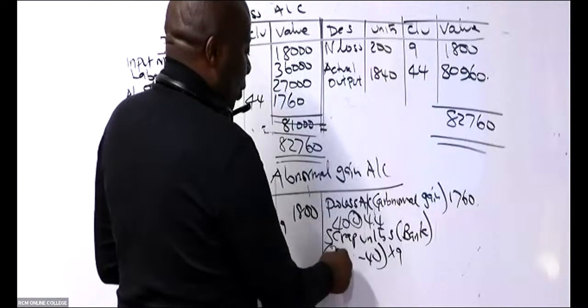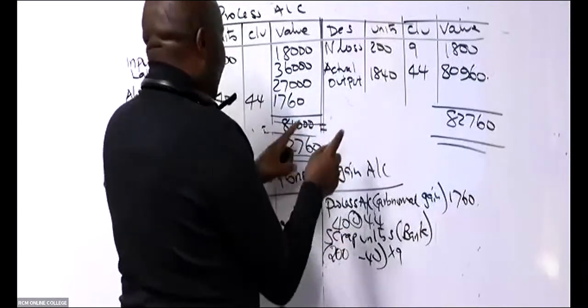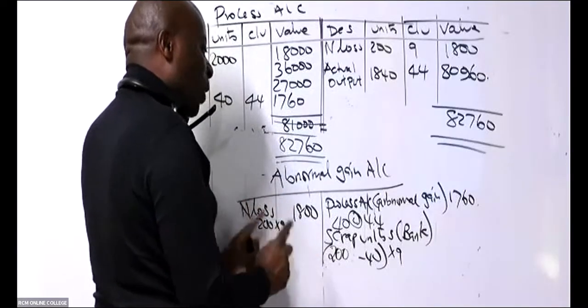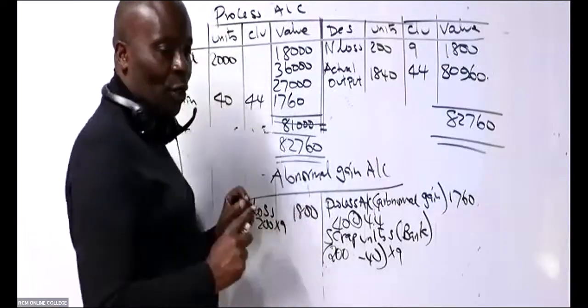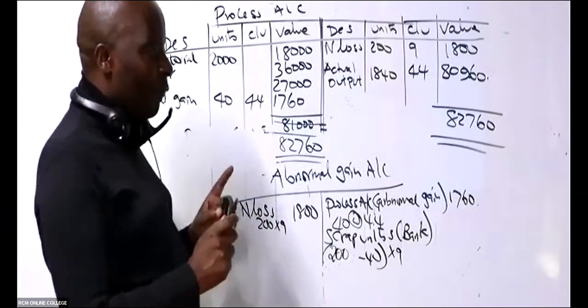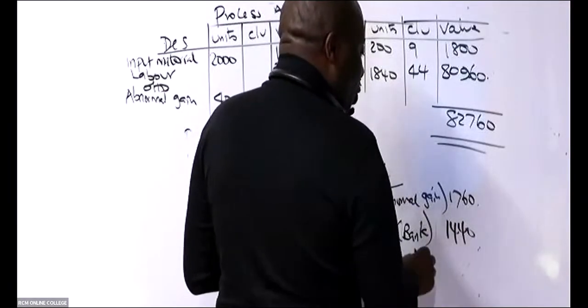So it will be 200 because we expected 200. Remember, these are units. 200, but we saved 40. So 200 minus 40, whatever answer you get, times 9. That is what we shall be able to receive in our bank, which gives us 1440. So then go ahead and balance.